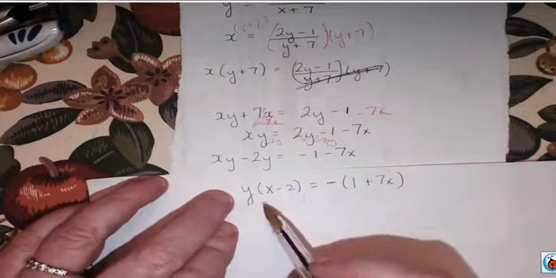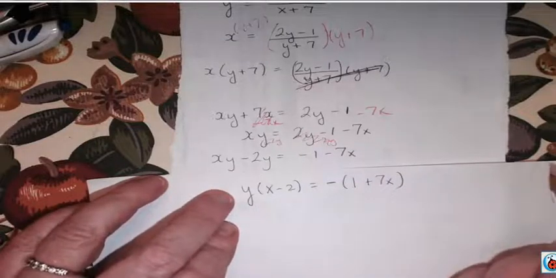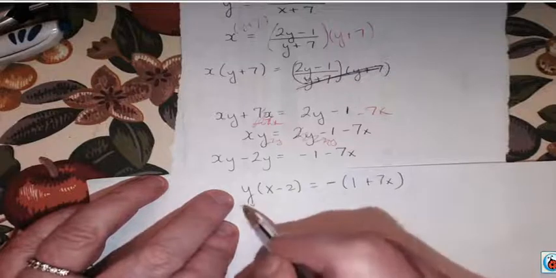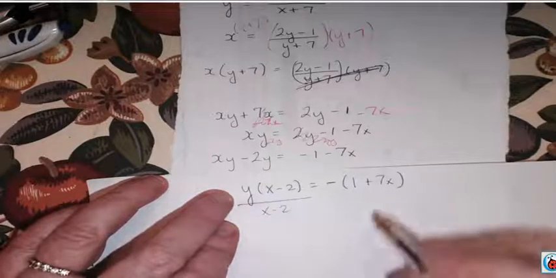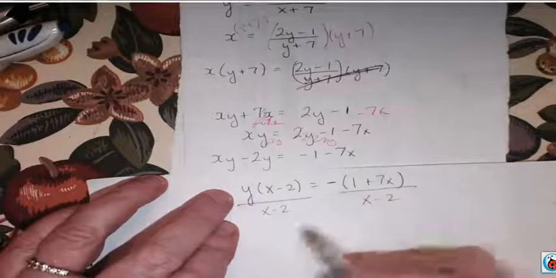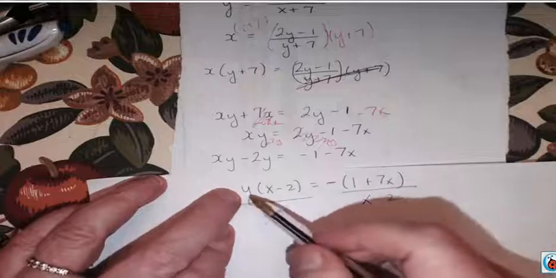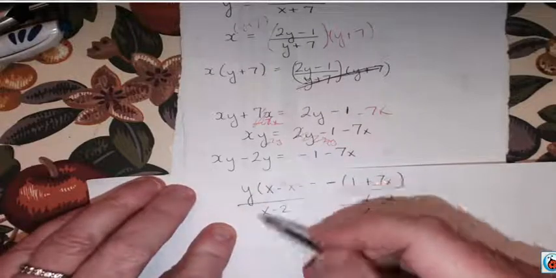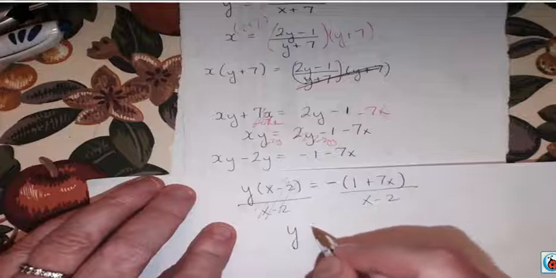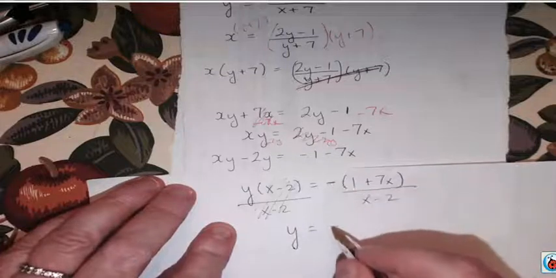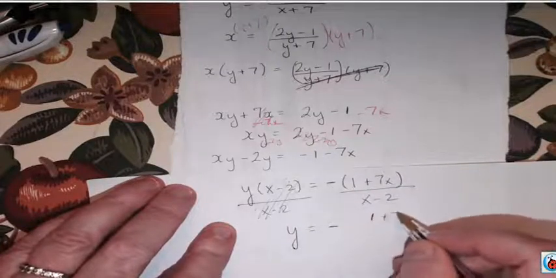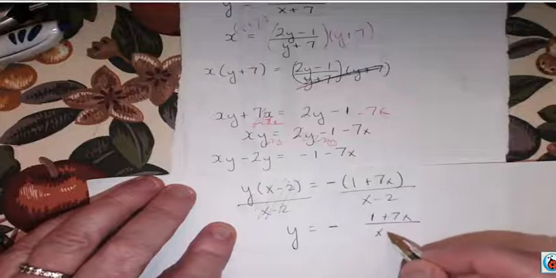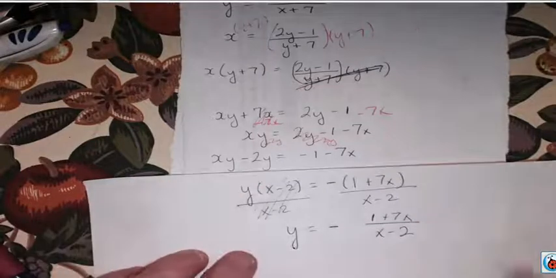Now, the goal is to get y by itself. How do I get y by itself? What do I need to do to both sides? I need to divide both sides by x minus 2. So now, since this is y times all of that, those will cancel. And this negative sign can just come out the front. Okay, so that's a correct answer.